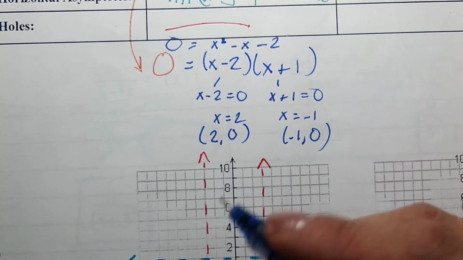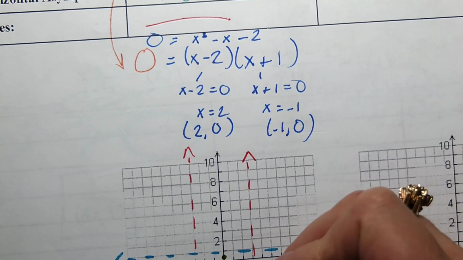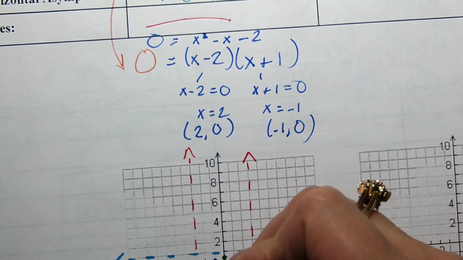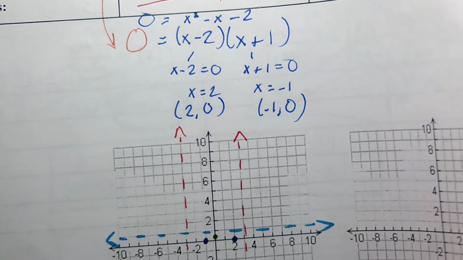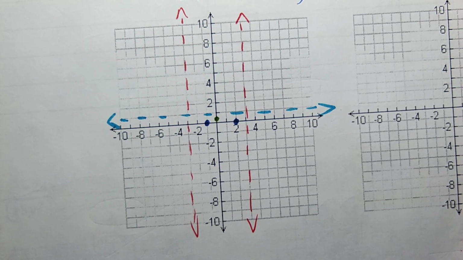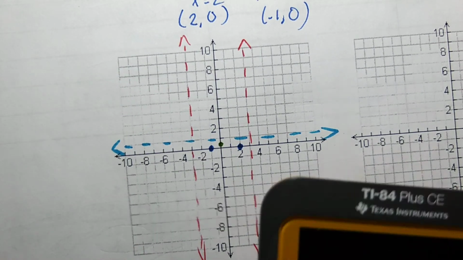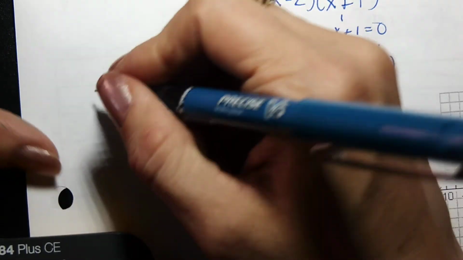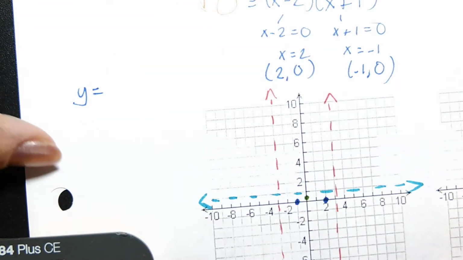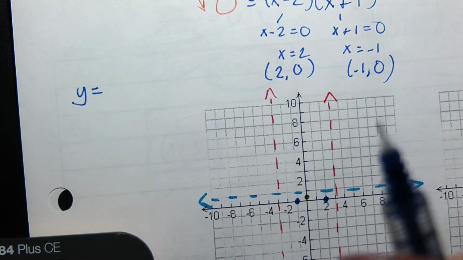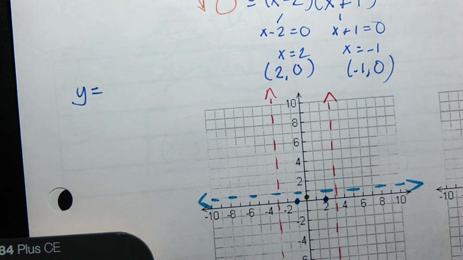So let's go ahead and plunk those 2 points down. 2, 0, right here. -1, 0, right there. And those are our exact points. So now for typing this in on our calculator to figure out where our swooshes are. When you type this in, make sure you type in the original equation just in case you goofed somewhere with your factoring.